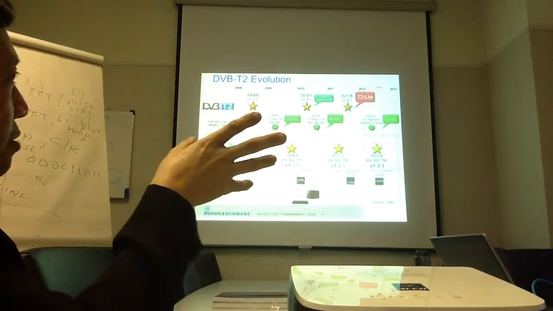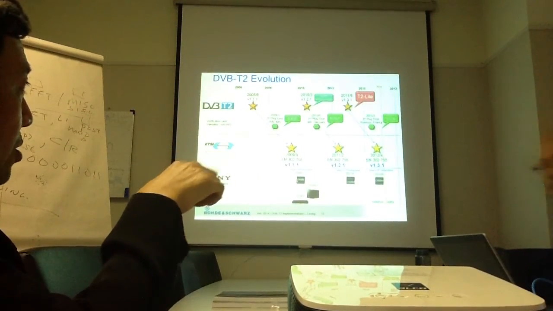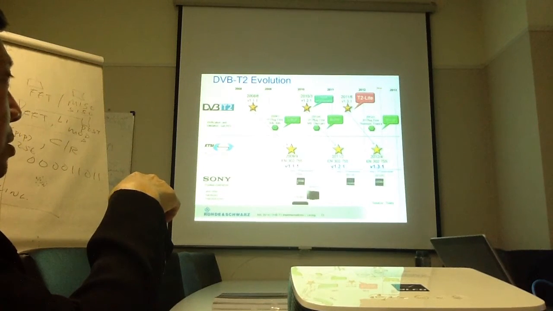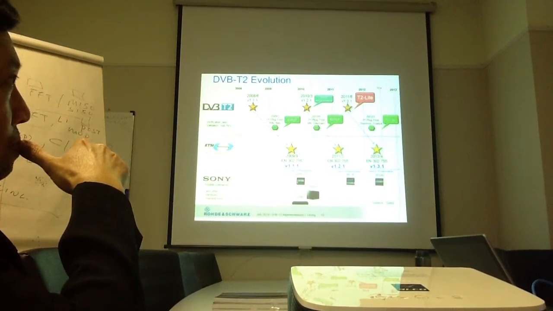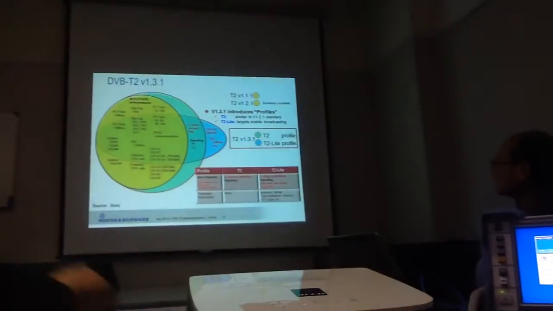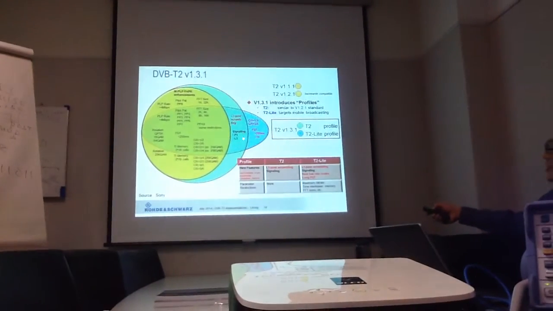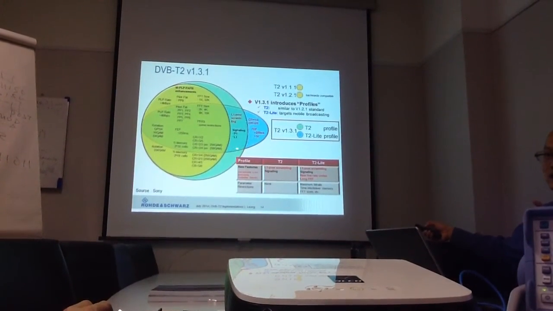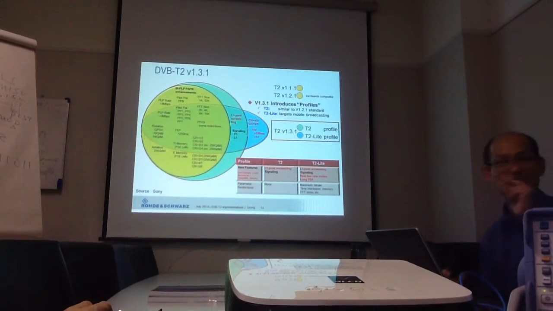So if we turn off the L1 post scrambling for 1.3.1, it becomes 1.2.1, right? Almost, yeah. Because the standard is still 1.3. Although there are some small modification improvements on the signaling parameters, there is a small change.